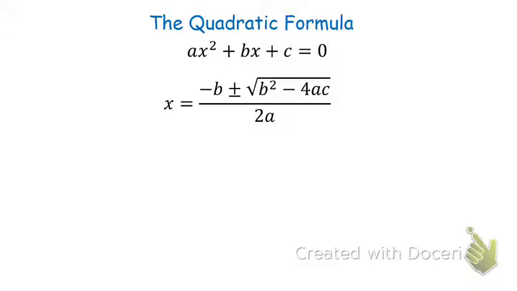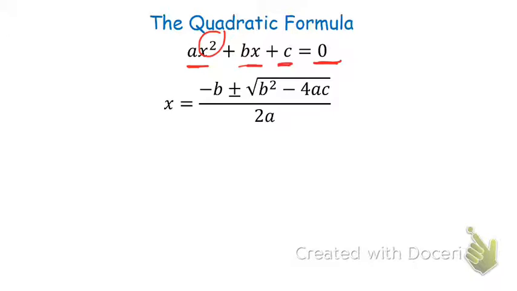Okay, the quadratic formula. If you're given an equation in standard form, it's a quadratic equation. Quadratic means it has that square. Standard form means you have the squared term first, then the x to the first, then the constant, set equal to 0. It has to have a 0 on the right side.